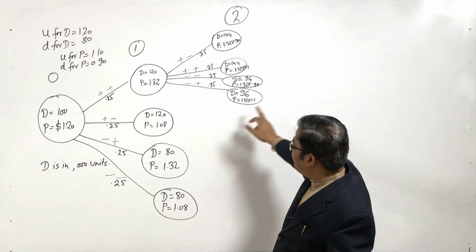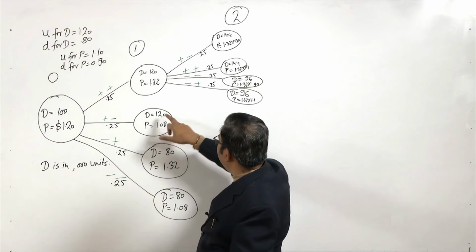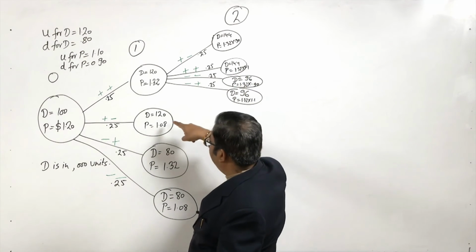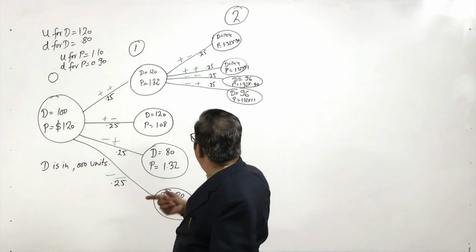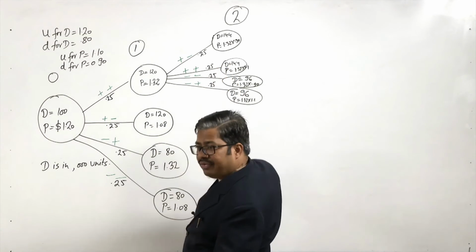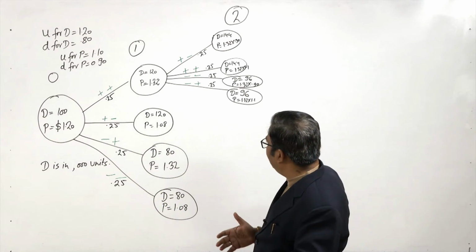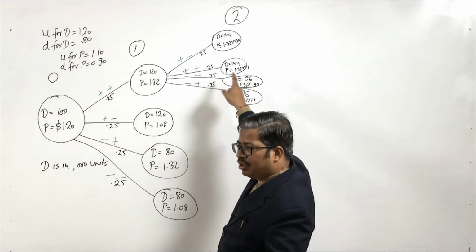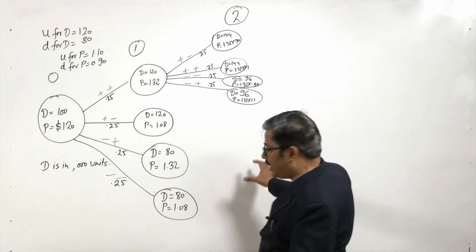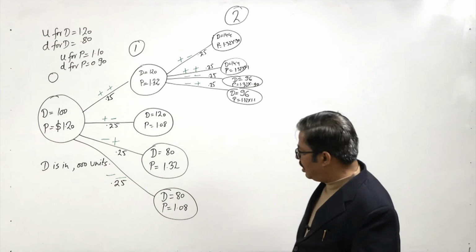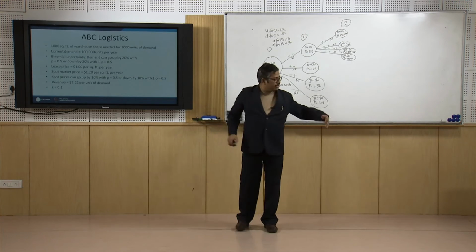Like when the demand is 120, if it increases by a factor of 20%, so 1.2, then demand may become 144. So many of those things are possible where you have common values in these final states. So I request all my participants to please develop this entire decision tree.